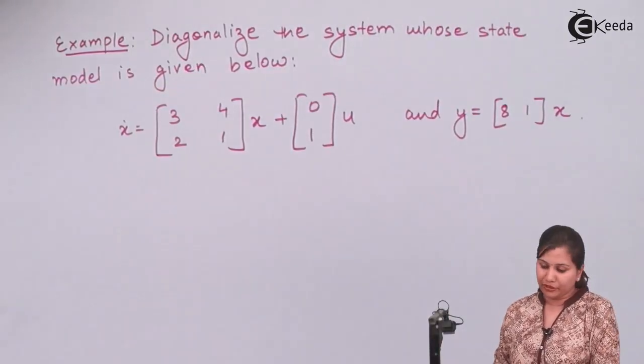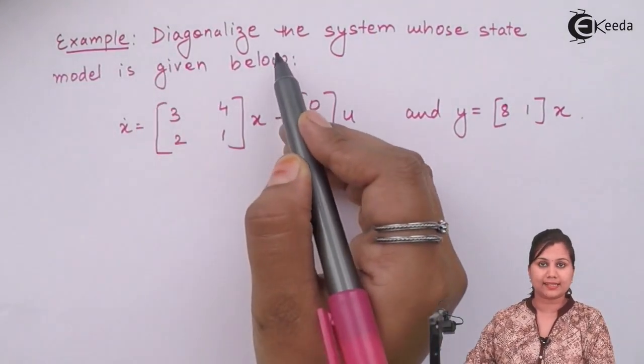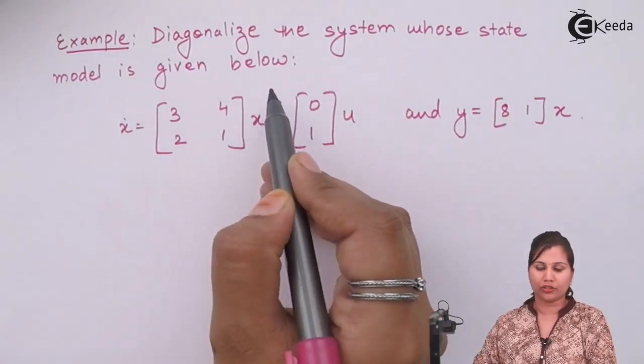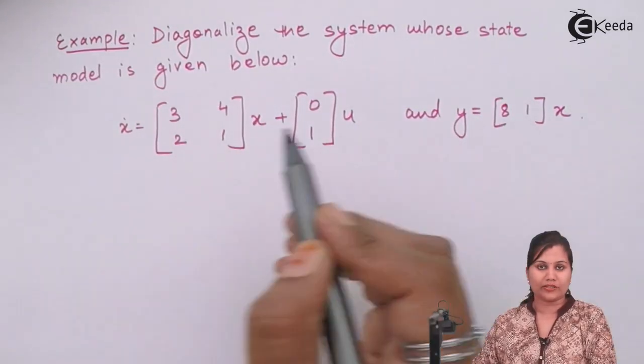So this is the example we are taking. We have to diagonalize the system whose state model is given to us, and these are the state equations given.